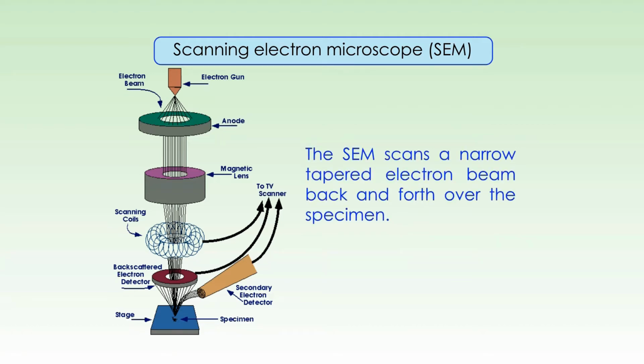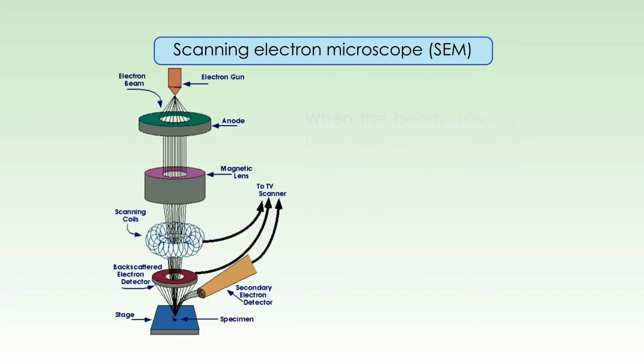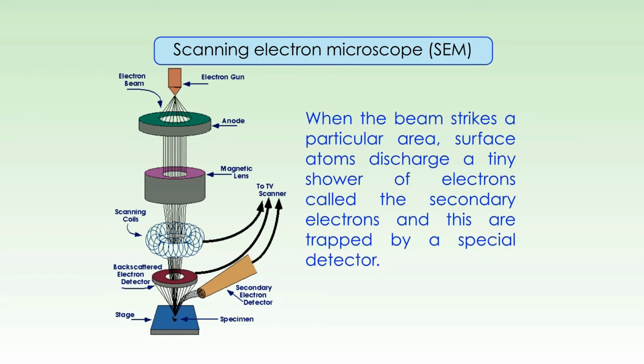The scanning electron microscope scans a narrow tapered electron beam back and forth over the specimen. When this beam strikes a particular area, surface atoms discharge tiny showers of electrons called secondary electrons, and these are trapped by a special detector.